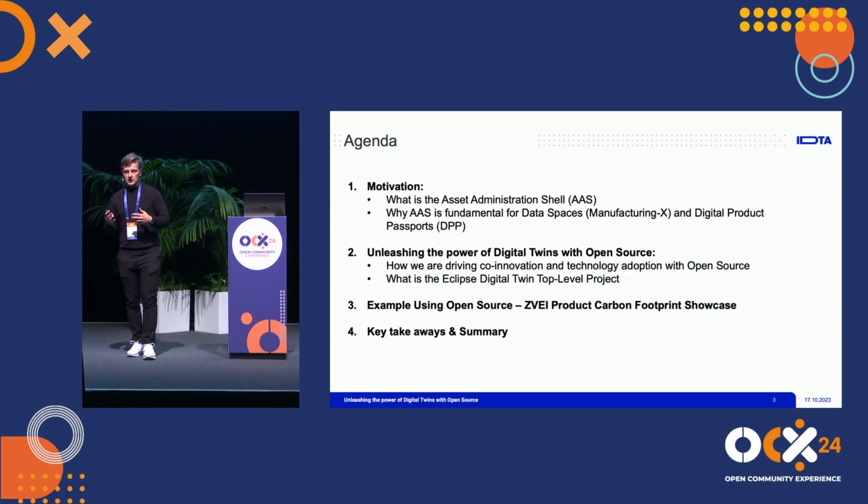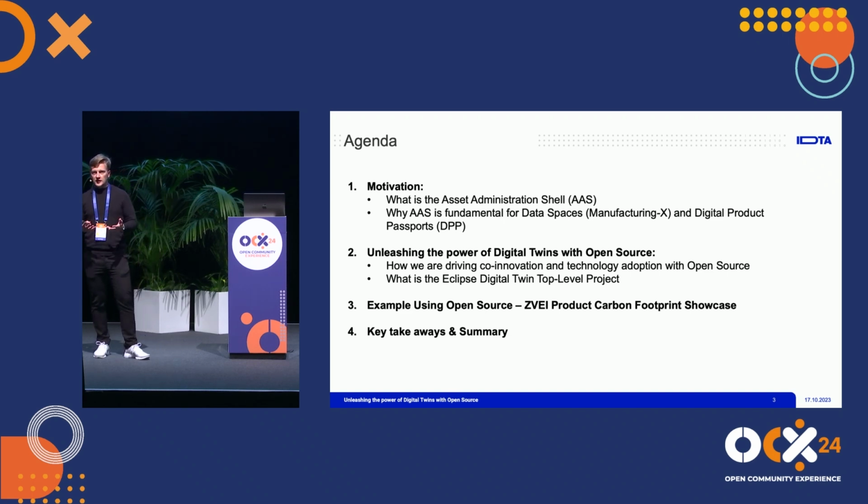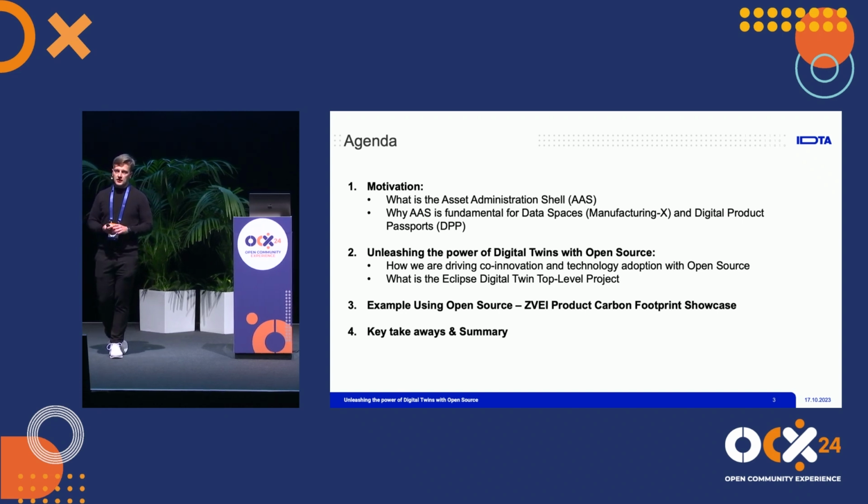But before I give you an overview of the different projects that we are driving, I would like to briefly explain what the asset administration shell is and where it is helping us. Based on that, I'll provide a few use cases that are relevant for using standards.